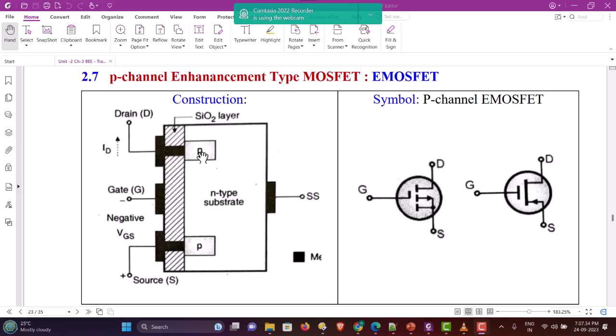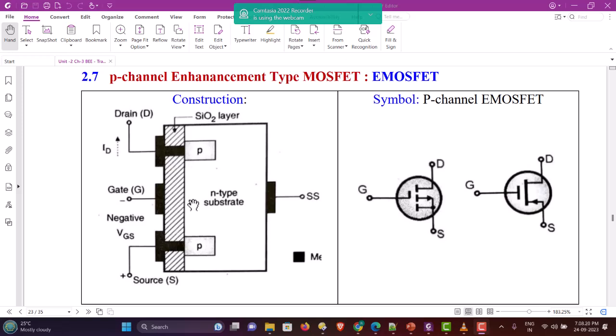The channel will be formed by applying a negative gate to source voltage, which accumulates the electrons from the N type of substrate exactly below the gate area or gate insulation area. The gate and this channel form a parallel plate capacitor, that is, the gate area capacitance.